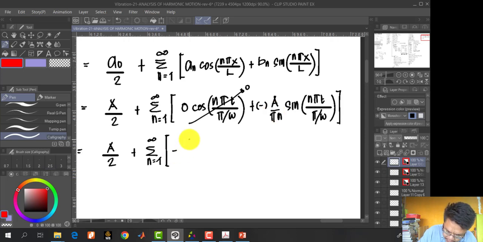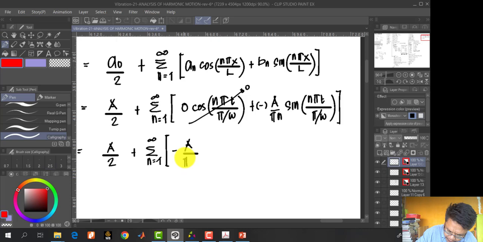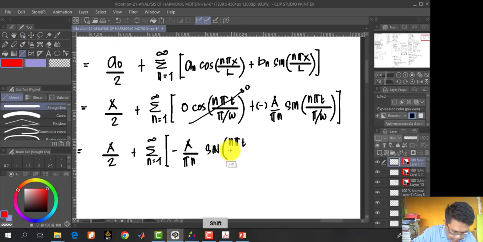Okay, so that will be amplitude, all over your pi n, that will be multiplied by the sine of my n pi t. So this is all over. Pwede natin pala i-cancel out yan, no?